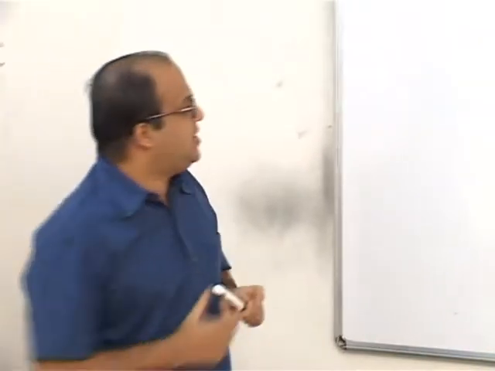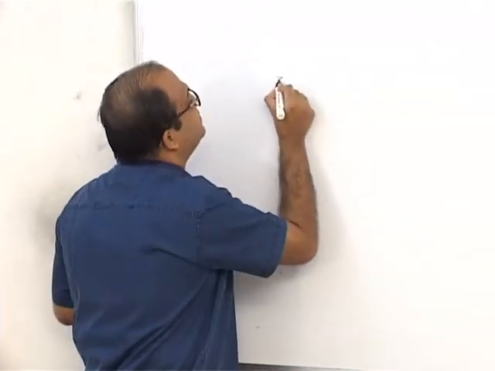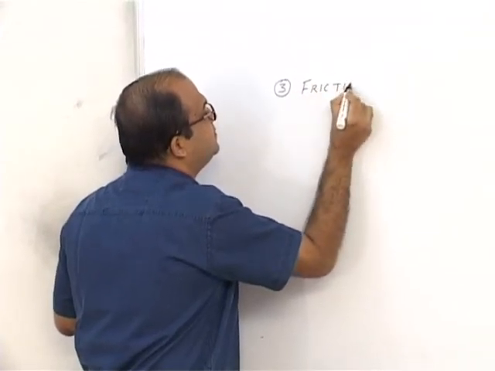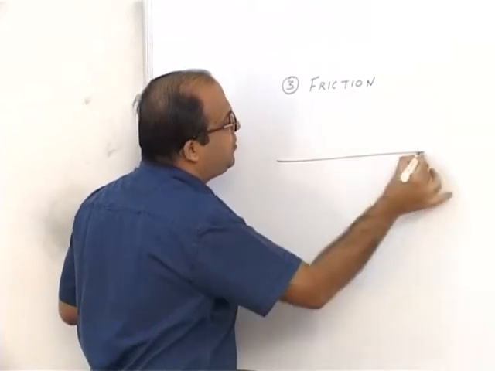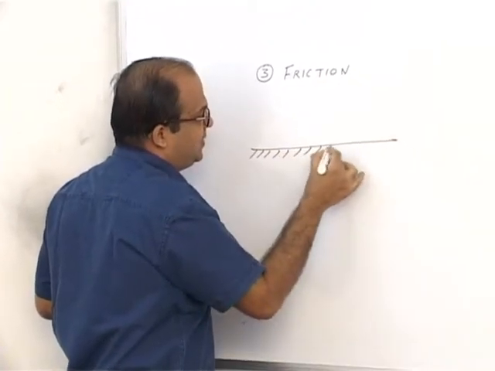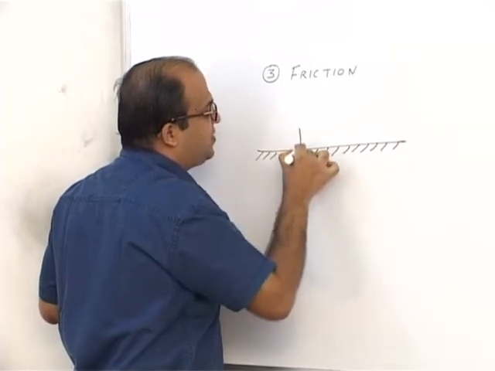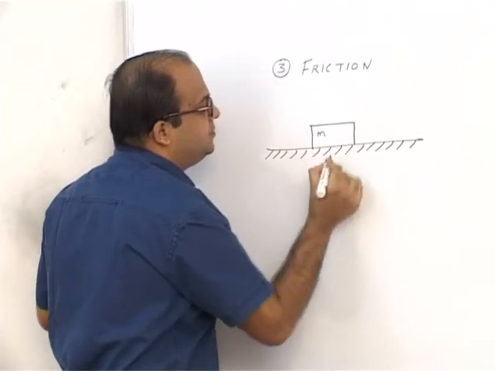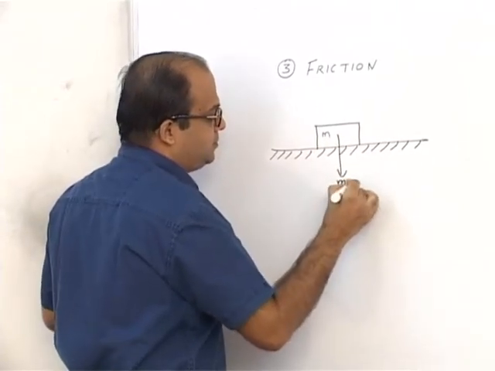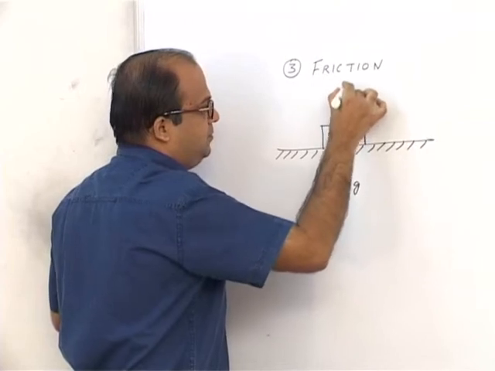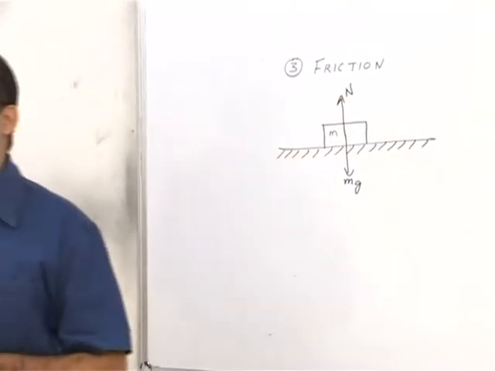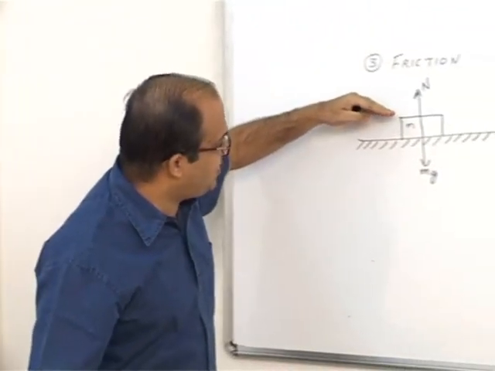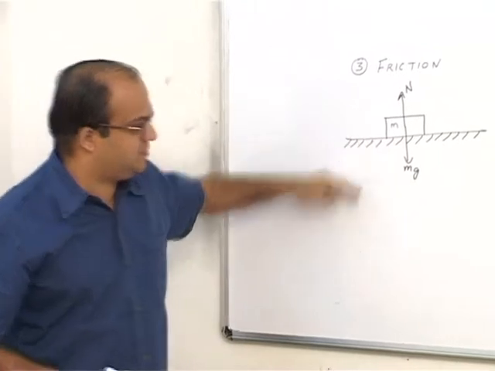Next important force is friction. Suppose we keep a body on a surface, and no attempt is made to slide the body. Then what is the frictional force between this body and this surface?